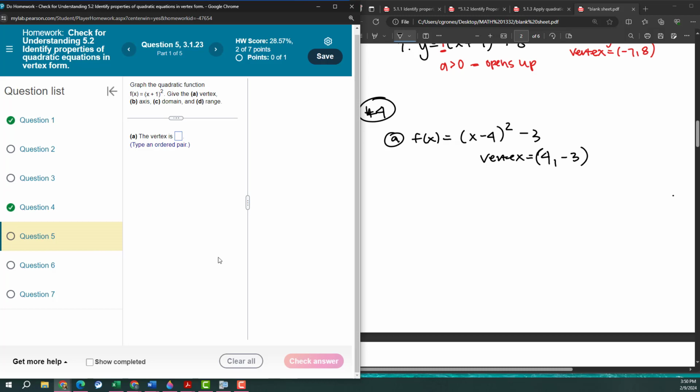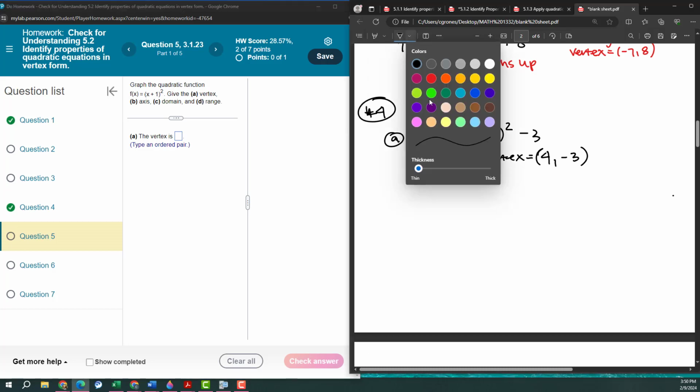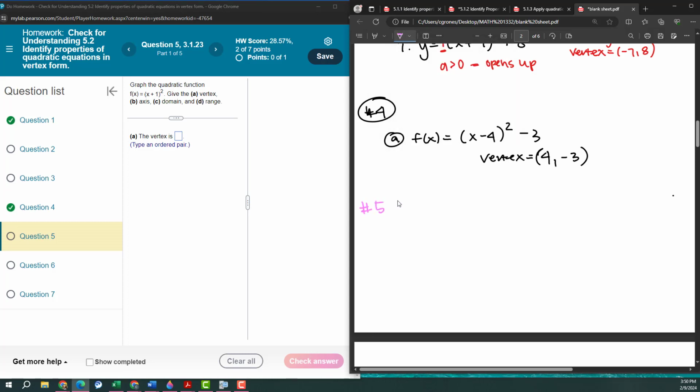Number 5. I am going to do one like this. So let me get like a purple color or pink. Number 5, similar to what we were doing in 5.1, we just have a different form of our equation that we're looking at.